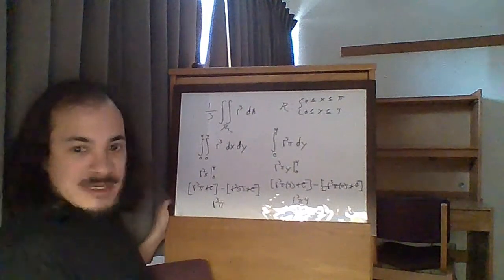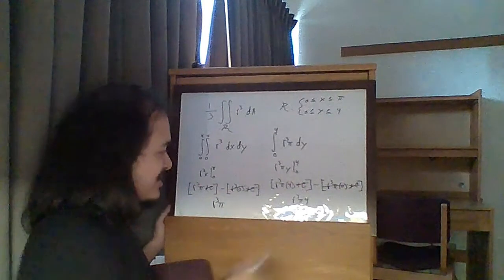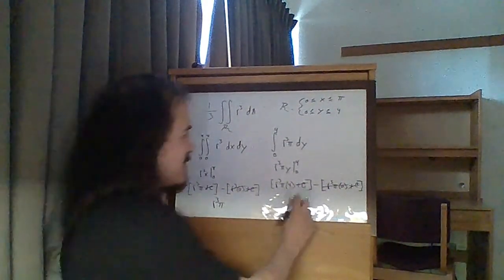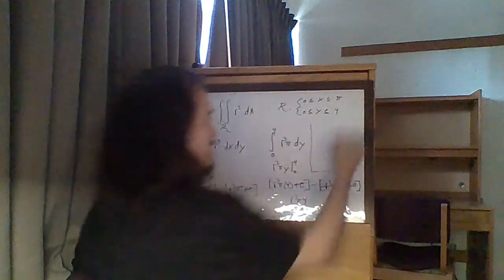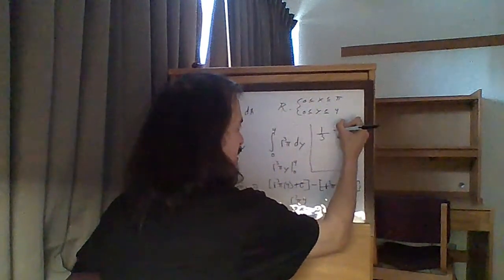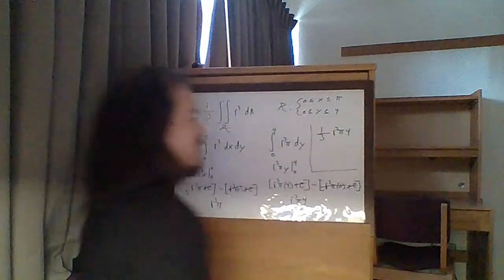If it looks like we're done, sadly mistaken, because as it turns out, we still have this 1/3 in the front. So when we come back over here, we still have the 1/3 times r cubed pi times 4.